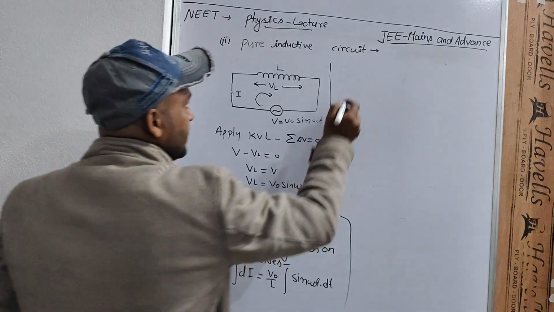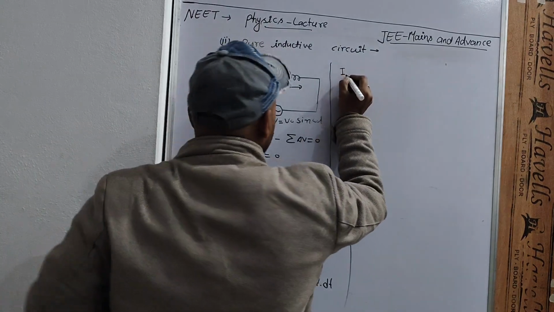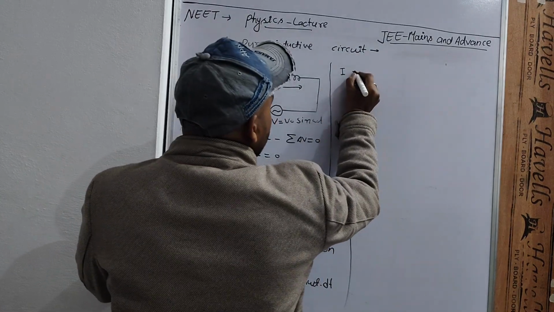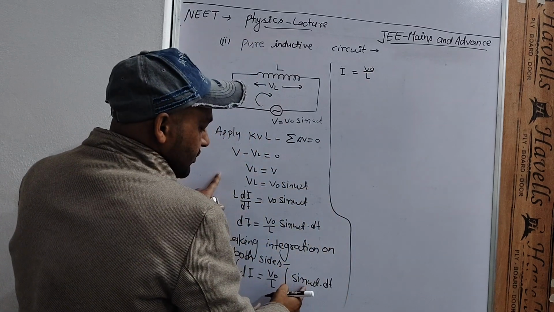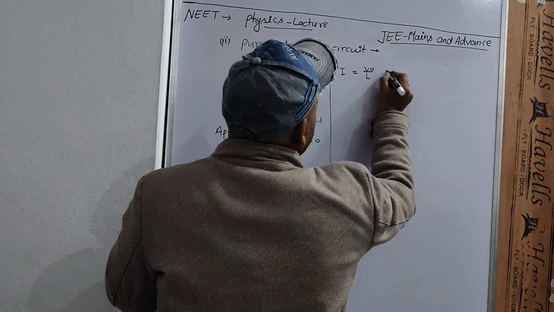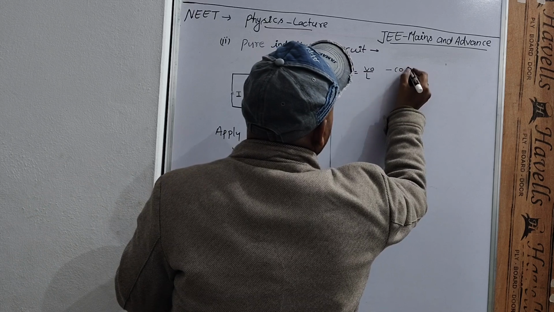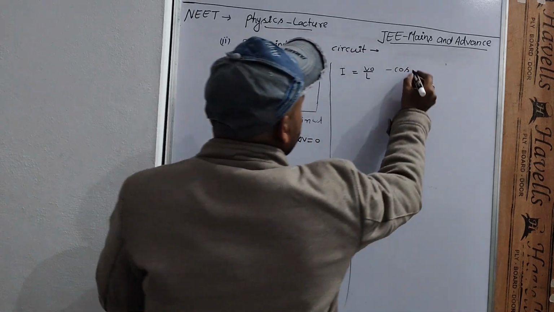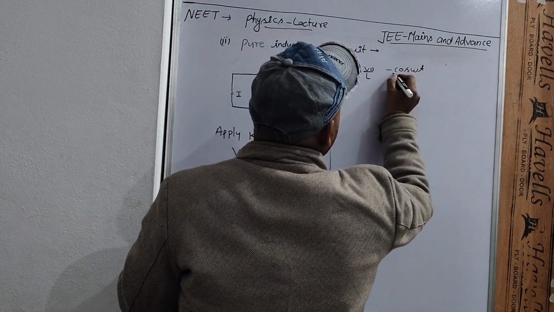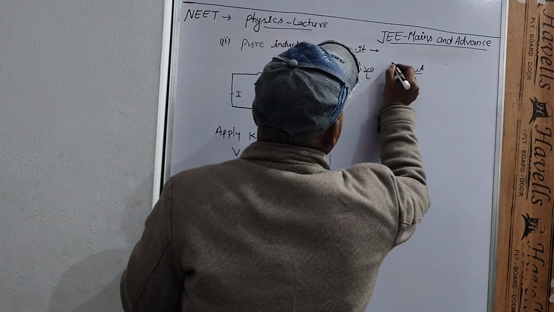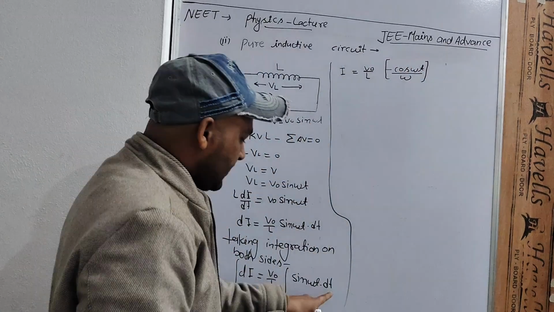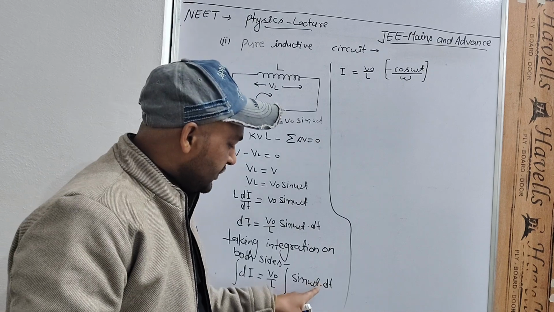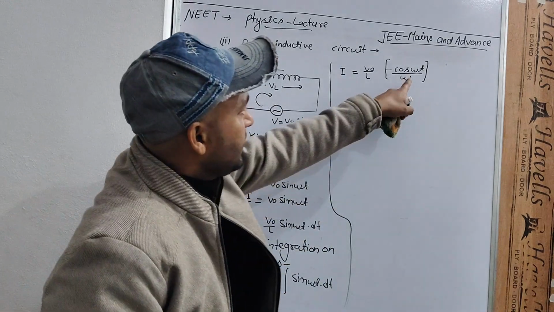The integration of di is I, which is equal to V naught over L, and the integration of the sine function will be minus cos, and the angle is omega t, then the angle omega t divided by omega, because we integrate it with time, so the coefficient of time will be divided.